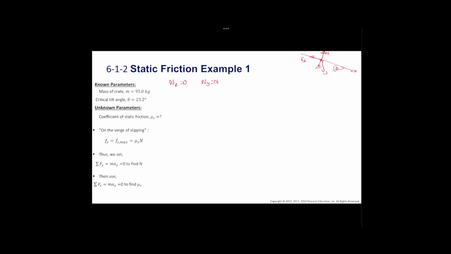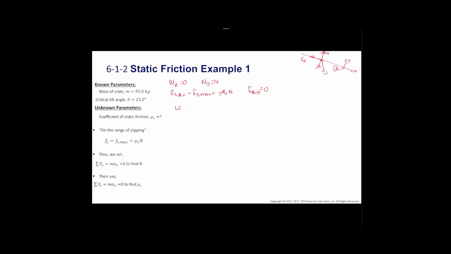This is the x direction and this is the y direction. For the frictional force, it is in the negative x direction, therefore it is negative f x max, which equals mu s n, and in the y direction the static friction is 0 because it's only in the x direction, opposite to the direction of motion.